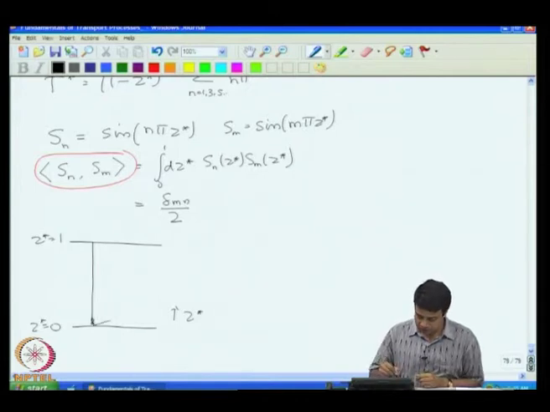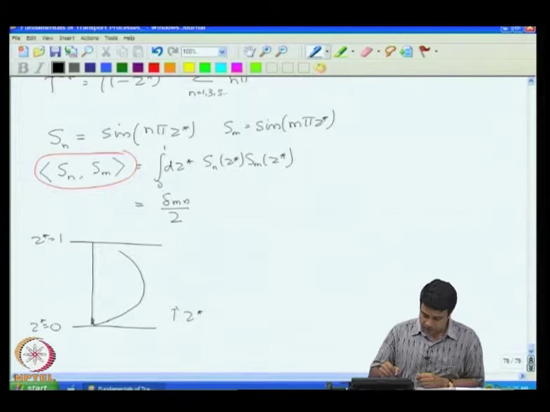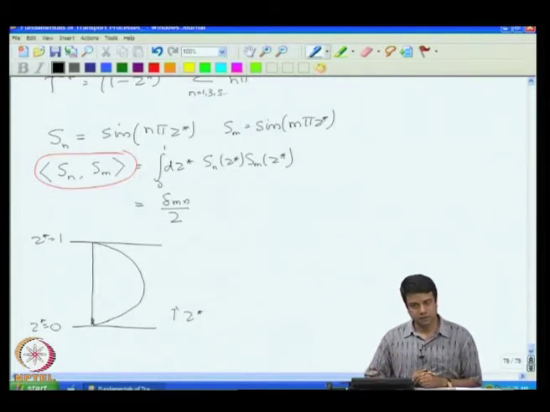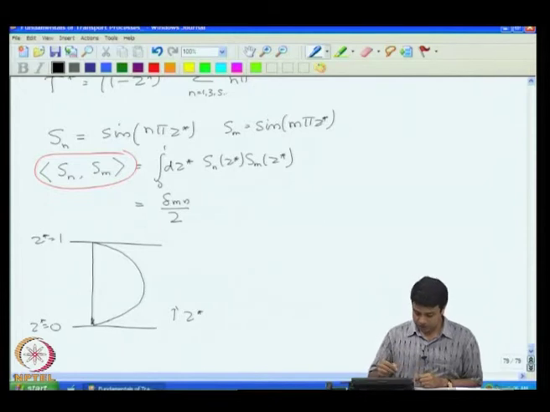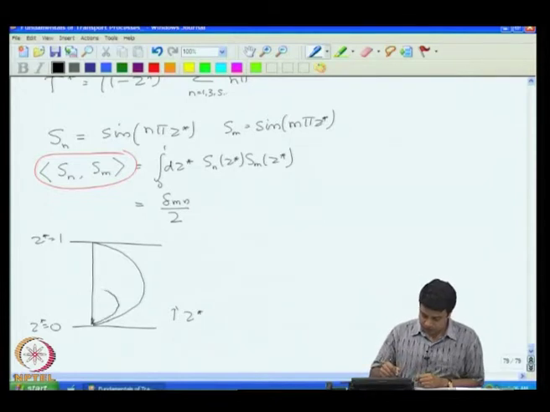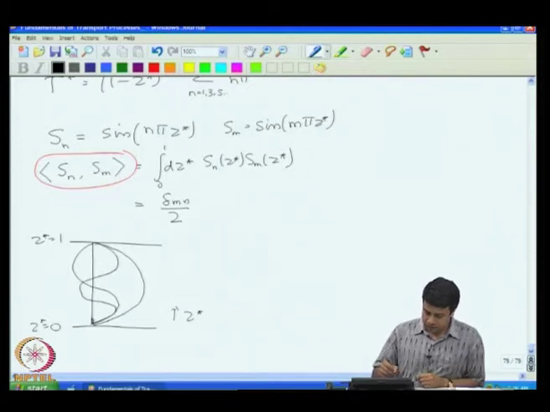So, it has a behavior that goes something like this. Then I have sin 2 pi, which shall go something like this, 3 pi, 4 pi, which will be a still higher harmonic, and so on.